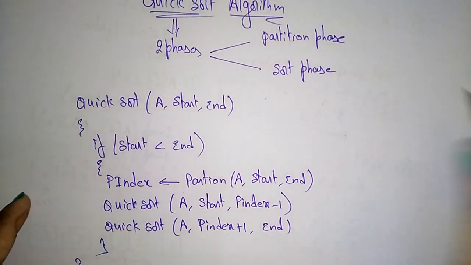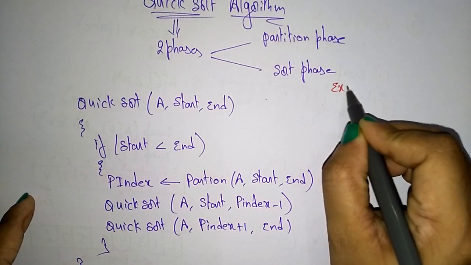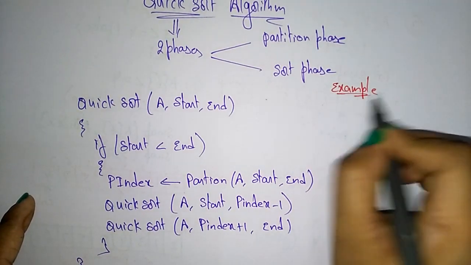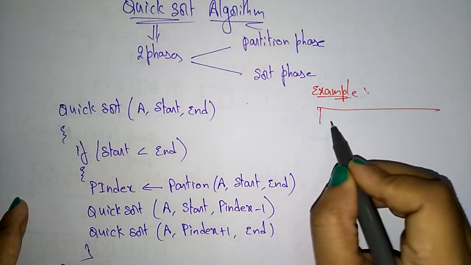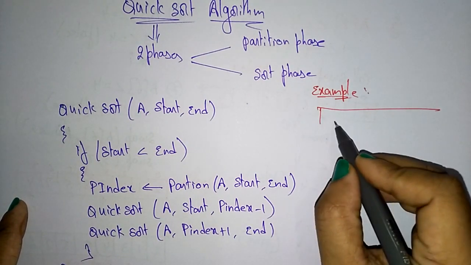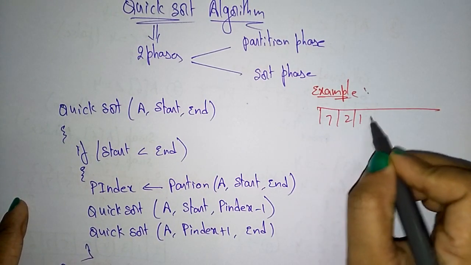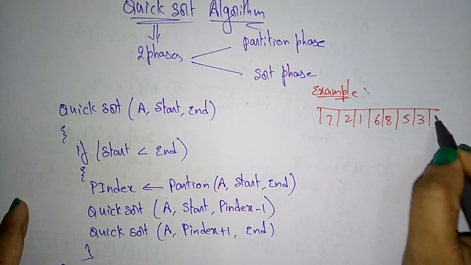So that is the example. Let me write that example. The actual array which is unsorted is this one, which I had explained in the previous example.